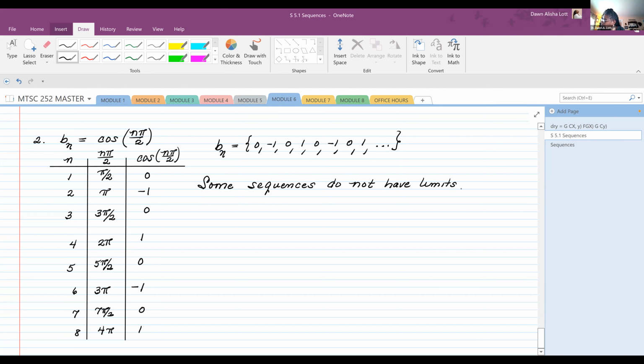In fact, the limit as n approaches infinity of b_n does not exist. Hence, this sequence diverges. Okay, so it doesn't have a limit. Any questions?